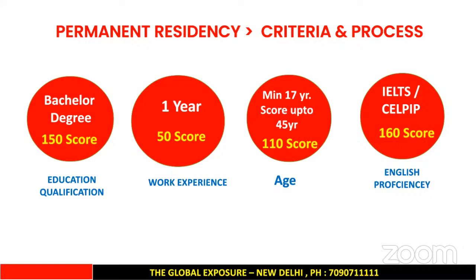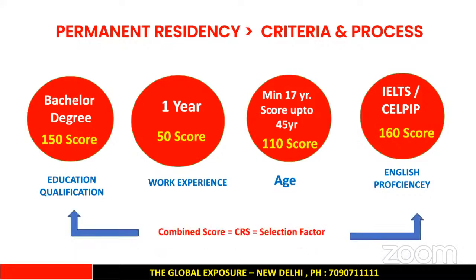And as you know, the PR process is nowadays a point-based system. So you will be getting points out of these and you have to fulfil the requirements, which are a bachelor's degree, minimum 1 year work experience, then your age and then your proficiency score. All together, they are going to give your CRS score. Now, what is this CRS score?